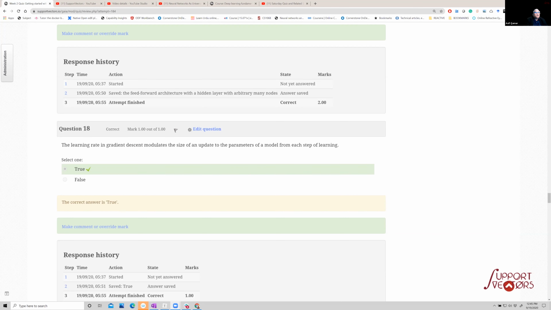A third possible answer is, when you take a related problem that has been solved, you do transfer learning. Here is a very complicated model. Let's say you take a VGG model for image classification, or one of these models. Those models are extraordinarily complex, with 500 million parameters, or some ridiculously large number of parameters.